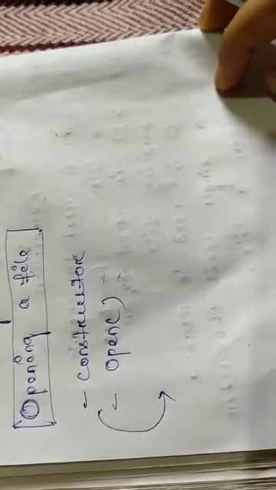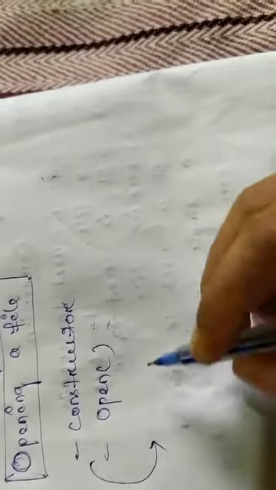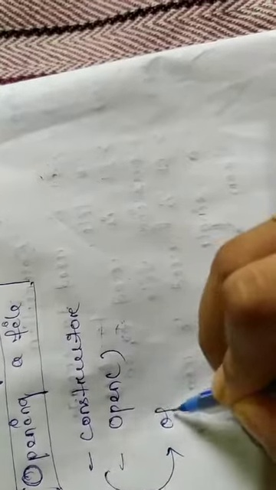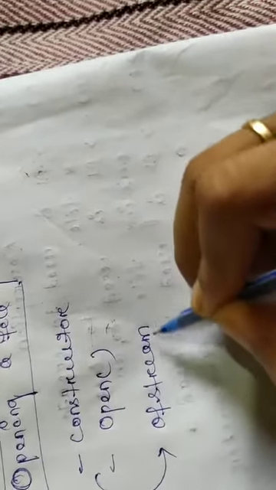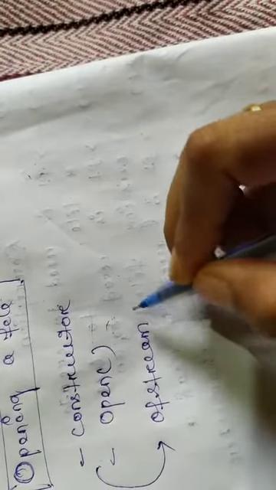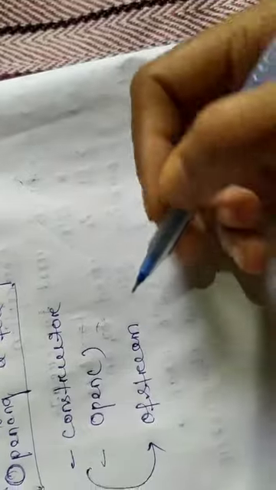First we have to create a file stream object to manage the stream using the appropriate class. For output it is ofstream, which is used to create the output stream, and the class ifstream is used to create the input stream, as we know. Then initialize the file object with the desired file name.